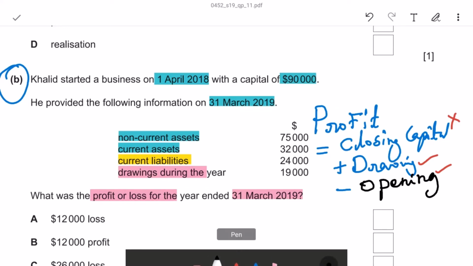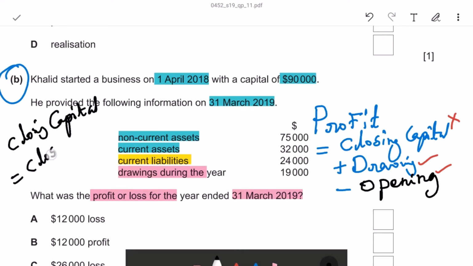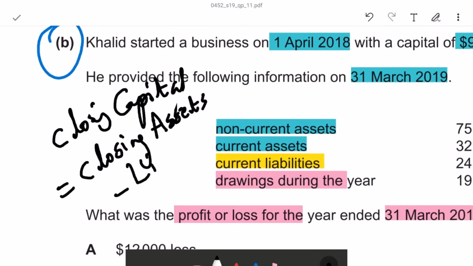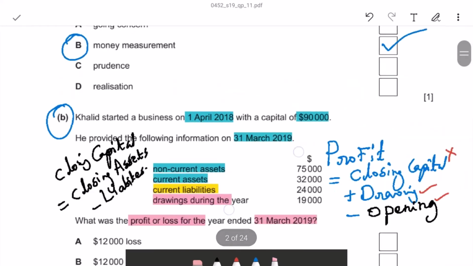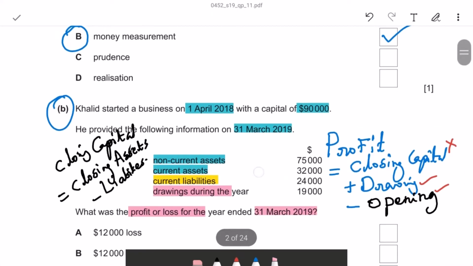Closing capital is equal to closing assets minus liabilities. Here the assets and liabilities are given: 75,000 plus 32,000 minus 24,000.